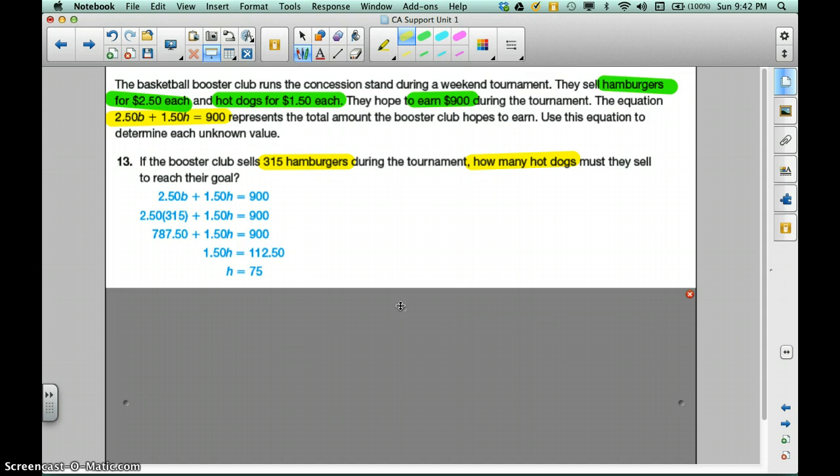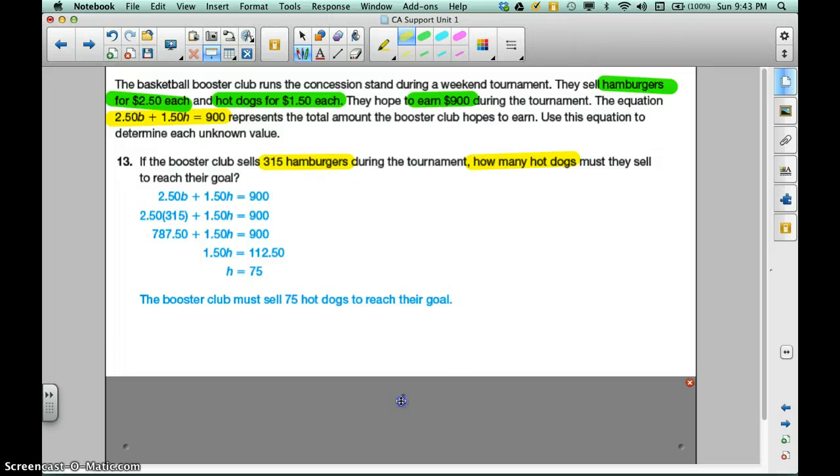Now what does that mean? Don't forget H was the hot dogs sold. H stood for how many hot dogs got sold. So if they sell 315 hamburgers, this tells us that they need to sell 75 hot dogs to reach their goal of $900. You're going to practice this more in class.